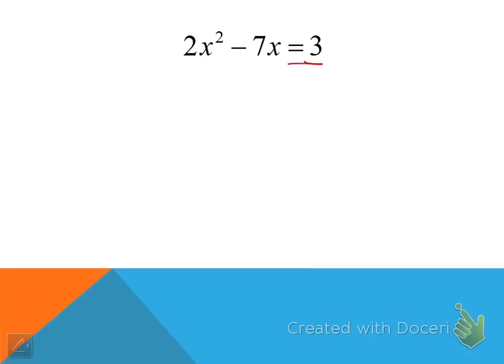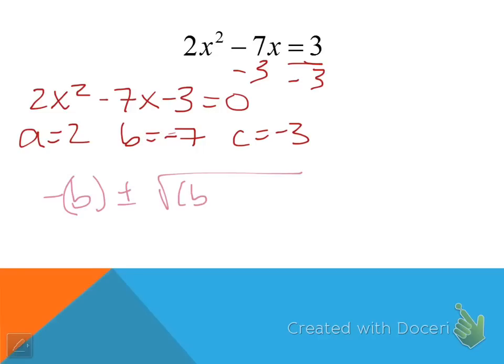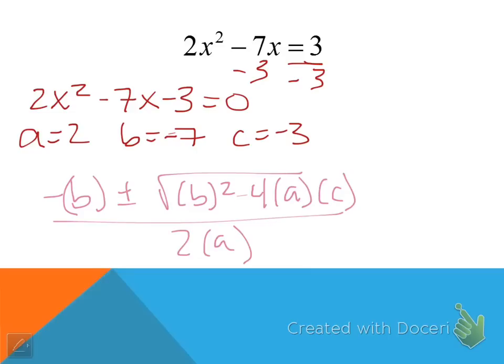Okay, it's not set equal to 0, so we got a minus our 3 over. So we'll have 2x squared minus 7x minus 3 equals 0. So my a equals 2, my b equals negative 7, and my c equals negative 3. So we got negative b plus or minus the square root of b squared minus 4 times a times c all over 2a.